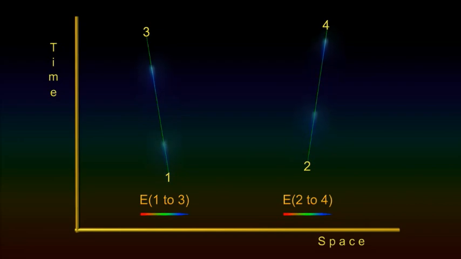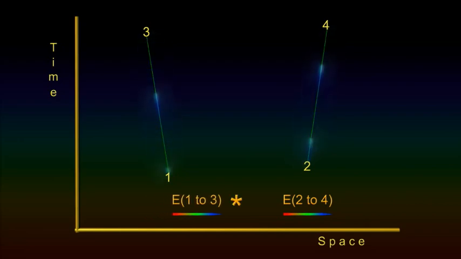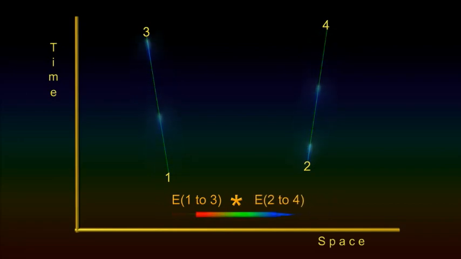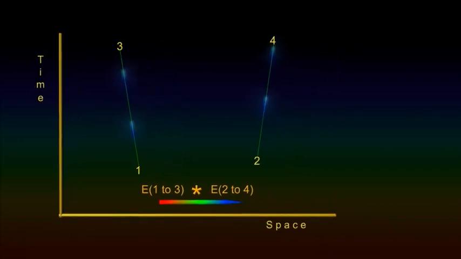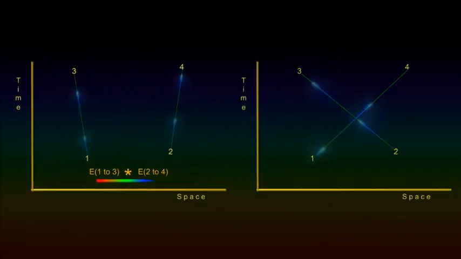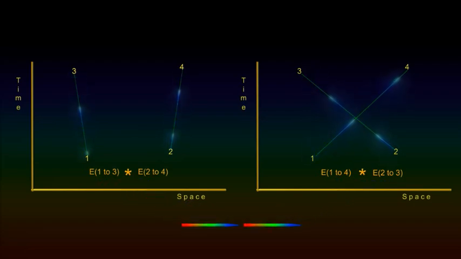So the overall amplitude for this path is E 1 to 3 times E 2 to 4. Another way would have electron 1 go to 4 and electron 2 go to 3. This would have an amplitude of E 1 to 4 times E 2 to 3.